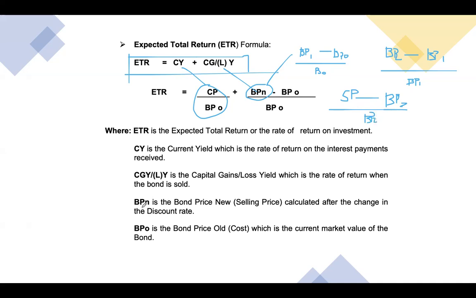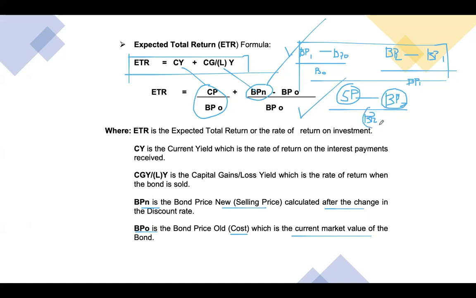So the bond price new is the selling price after the change in the discount rate, while the bond price old is the cost, which is the current market value of the bond. Take note: if the bondholder does not intend to sell the bond, use this format. If the bondholder will sell the bond, the bond price new will be the selling price, while the bond price old will be the cost, or the amortized value of the bond prior to its sale.